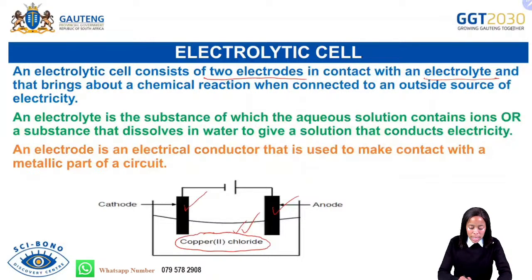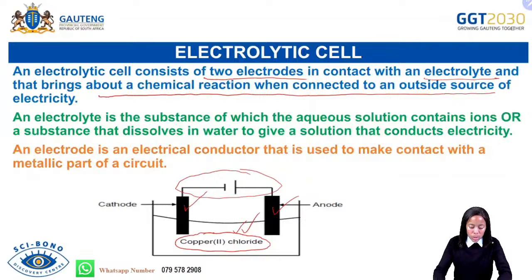And then it says that then brings about a chemical reaction when connected to an outside source of electricity then. And then an electrolyte is the substance of which the aqueous solution contains ions. So that is the very same definition that we used again when it comes to the galvanic cell there.